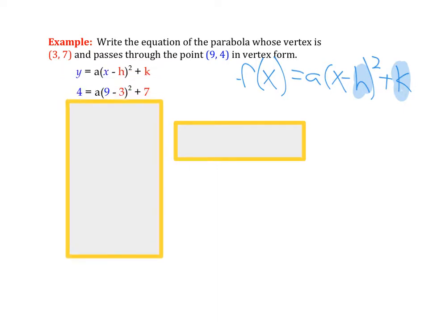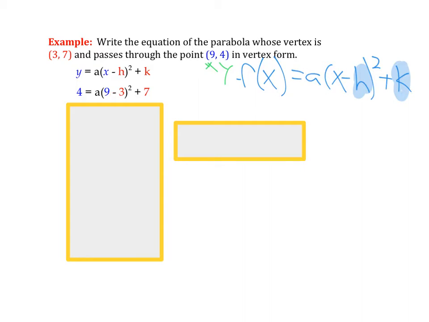We're using vertex form. They're giving us the values for the vertex, h and k, are 3 and 7 respectively. But then they also gave us a separate point at 9, 4. Well, that's just a generic xy coordinate. So I can plug the 9 in for the x value and then plug the 4 in for the y value. And now this is just straight up arithmetic.